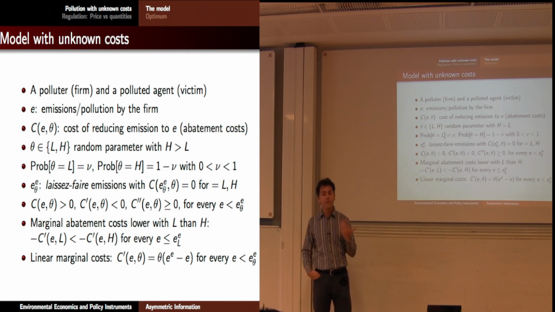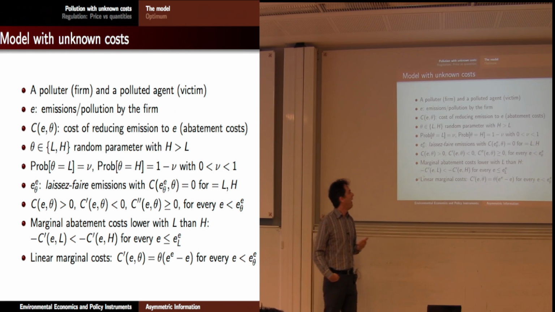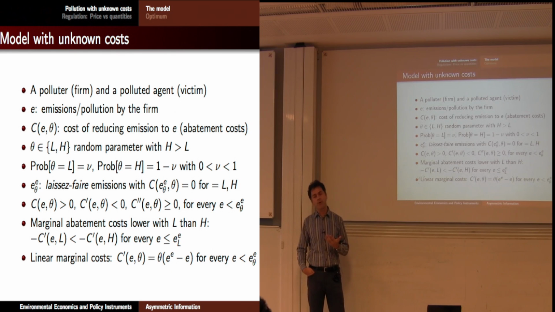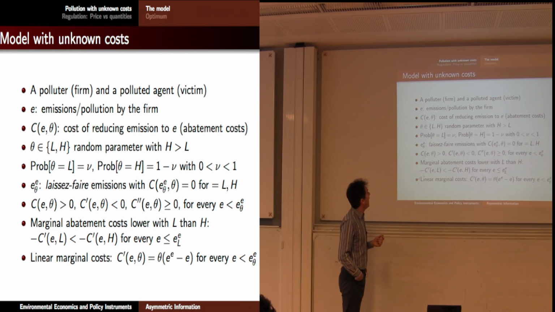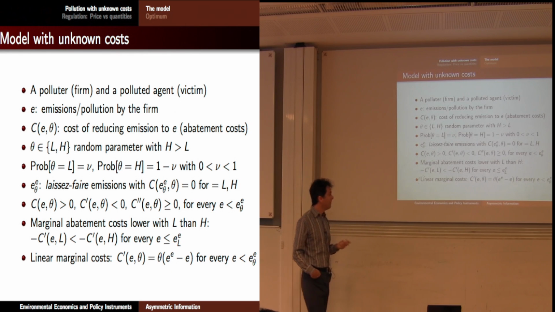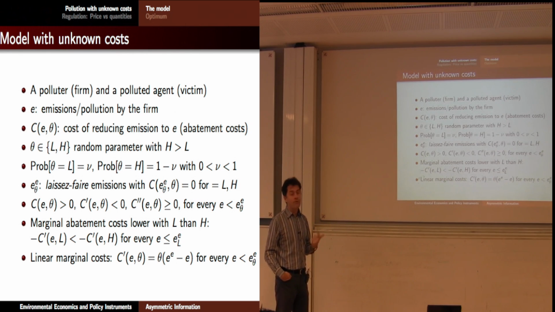You can have a continuum of costs, but here you have two types of firms: firms with high abatement costs and firms with low abatement costs. So it's a random parameter from the regulator's point of view. The regulator does not know if the costs are high or low, but the firm knows. Okay?